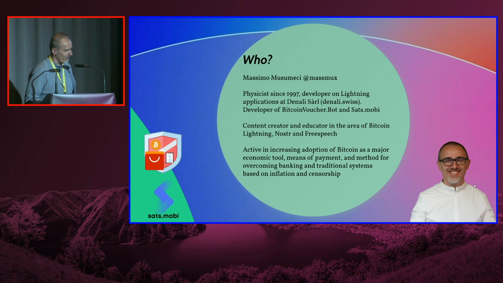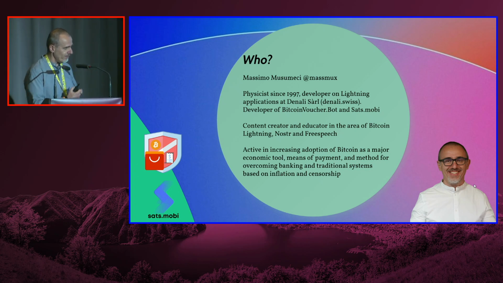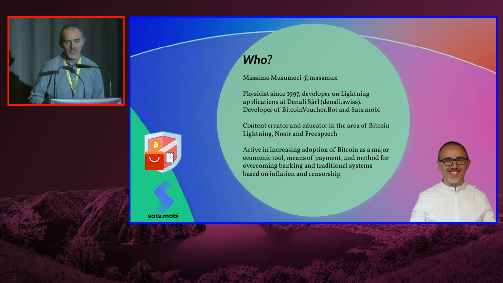Okay, so before starting, who am I? My name is Massimo Musumeci. I am a physicist since 1997. I am a developer at Denali Swiss, which is a Bitcoin-only Swiss exchange. I am also involved in the development of a Bitcoin voucher bot, which is a Telegram facility for exchanging Bitcoin.